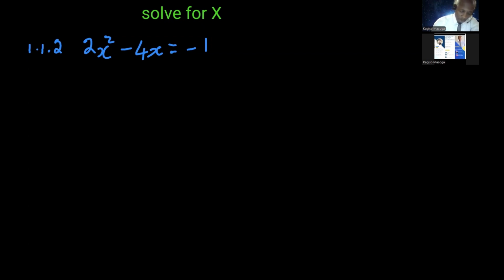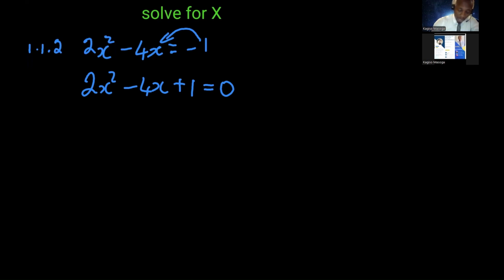So we're going to say 2x squared minus 4x plus 1 is equal to 0. You transpose this negative 1 to this side. Remember, the sign changes. Now it's a positive sign, plus 1 is equal to 0.